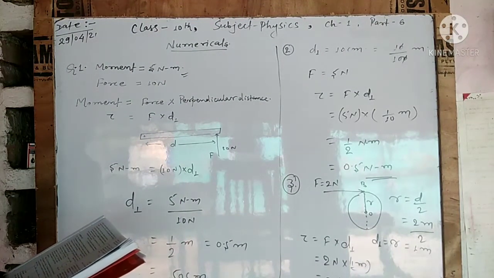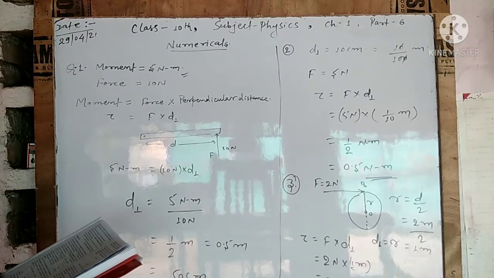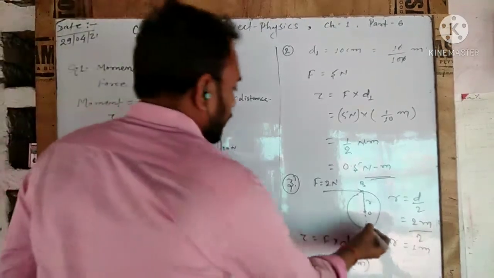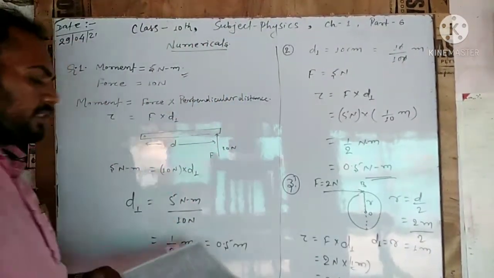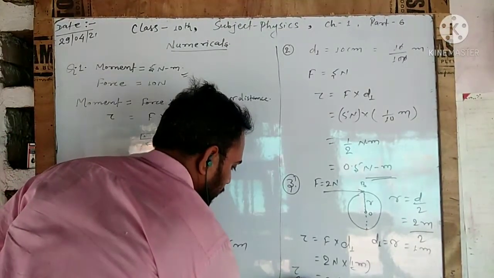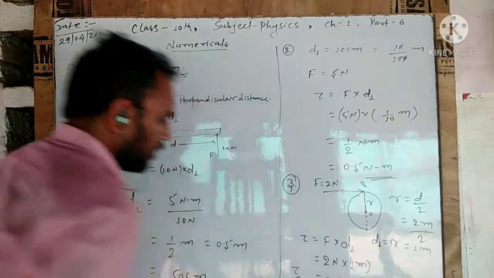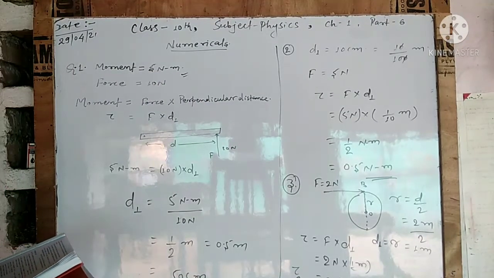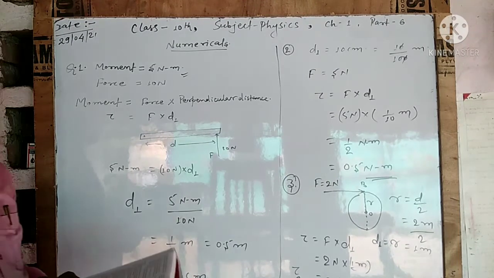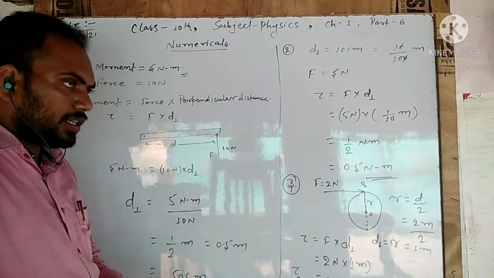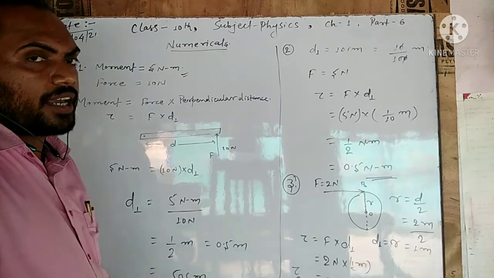Now the question asks for the moment of force about the center and about the point A. About the center O, it has been calculated as 2 Newton meter. In the answer it is given as clockwise. I have already explained how to find the direction of moment.